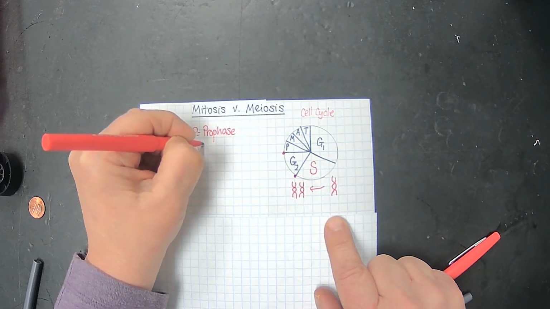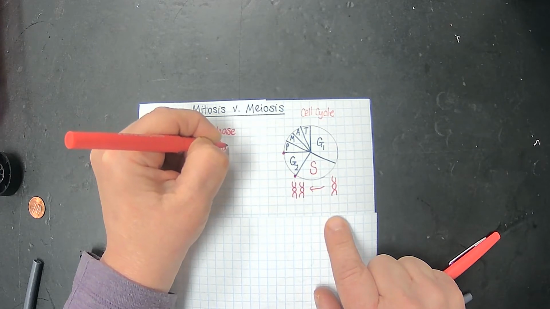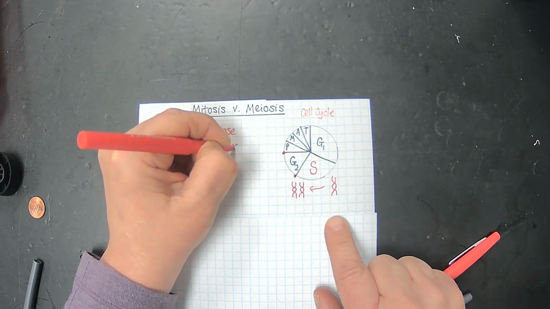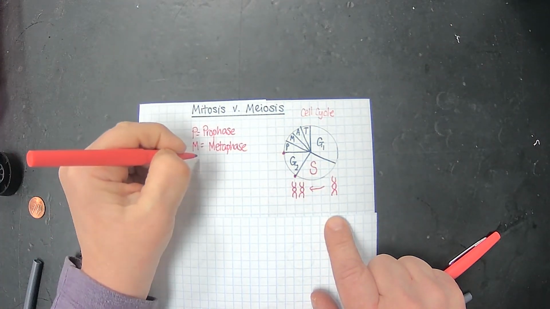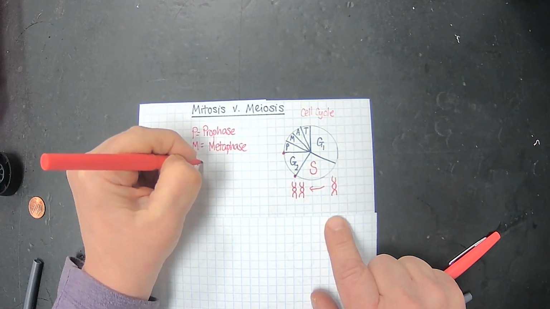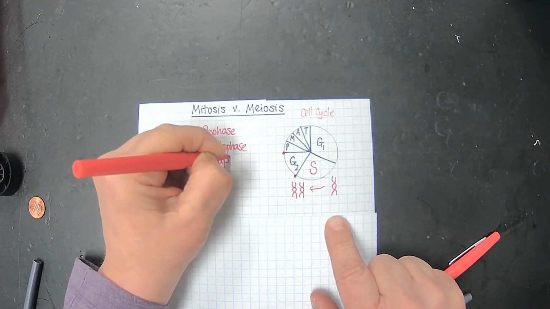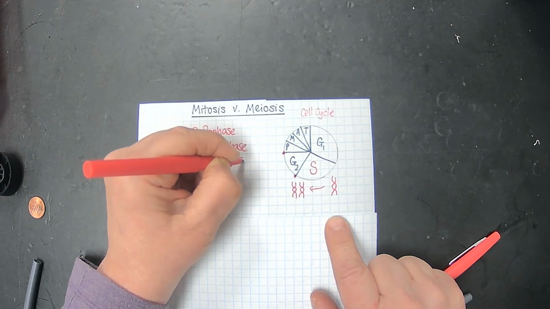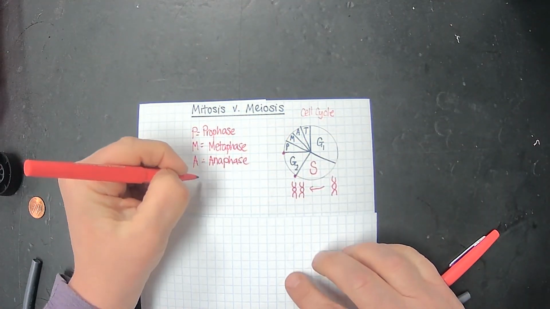M stands for metaphase, where the chromosomes line up in the middle and attach themselves to spindle fibers. A stands for anaphase, and anaphase is where, remember those fibers, like the fishing lines, they get shorter and they pull the chromosomes to opposite sides of the cell.